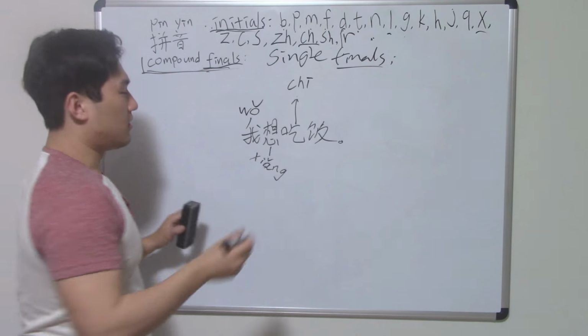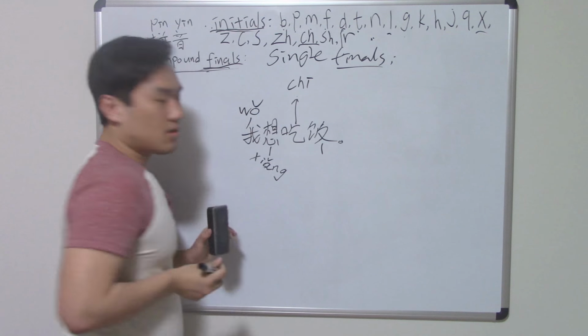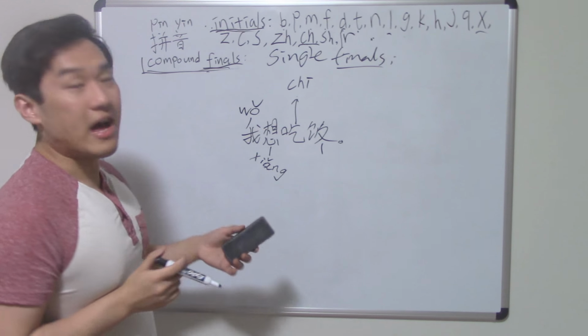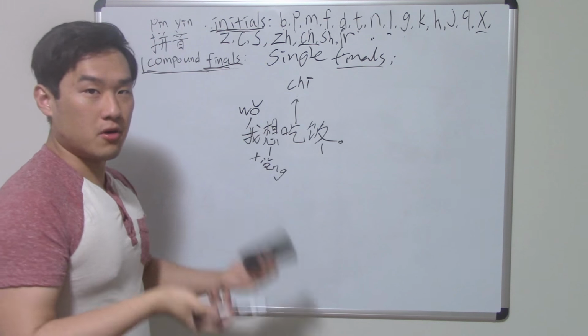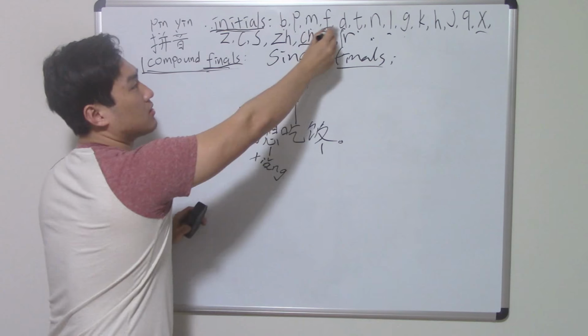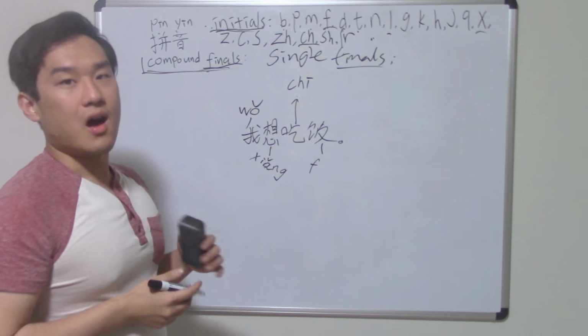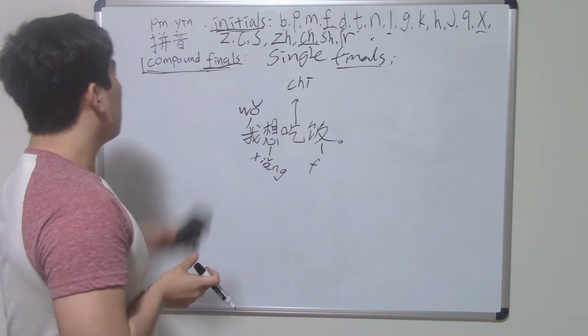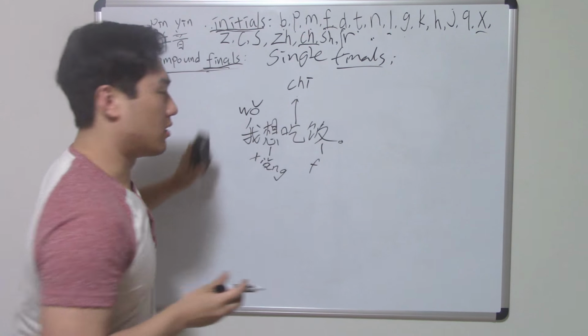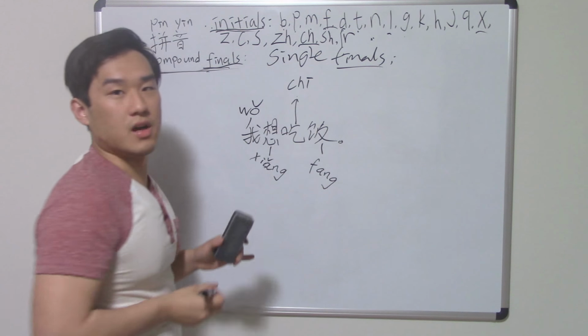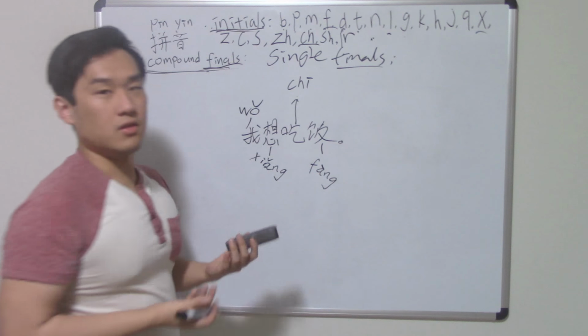And then 饭, okay, then write down here. How do you write 饭? 饭, so it's an F, so the initial is F, right? F right here. And then "an", it's one of the compound finals we just learned. So we put "an", right? And then whatever the tone is, 吃饭.